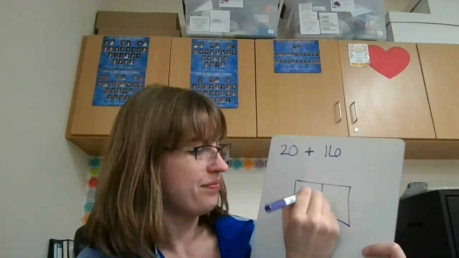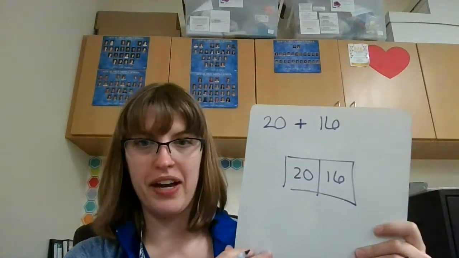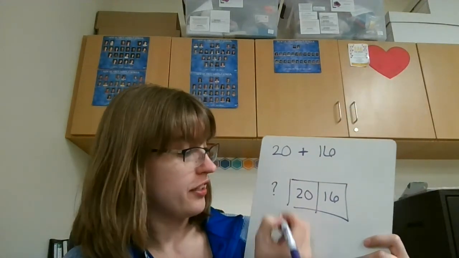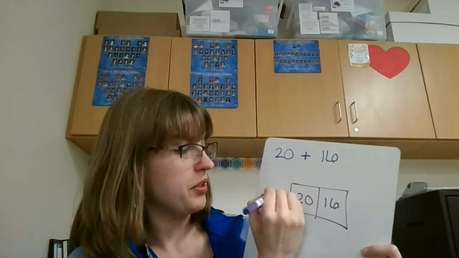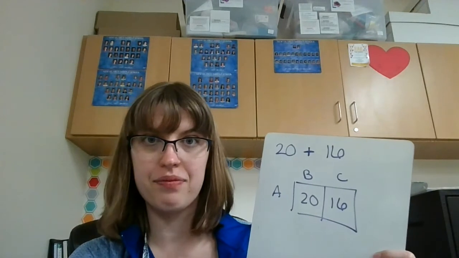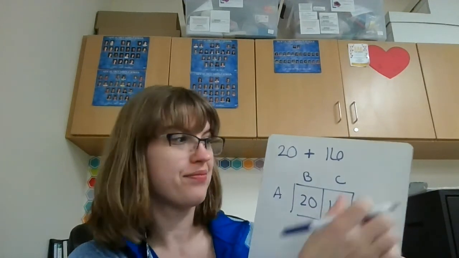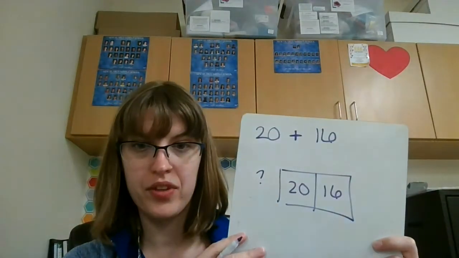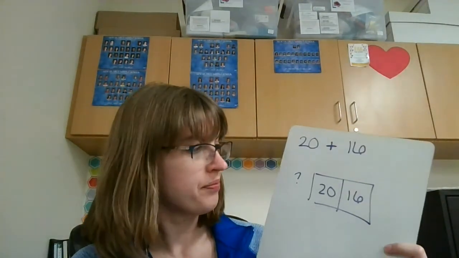Good. Put it inside the box. Now what? Would I go here? Here, I'll put letters. Here or here? What's the next spot I have to fill in? Good. We need to fill in that spot. What are my options?